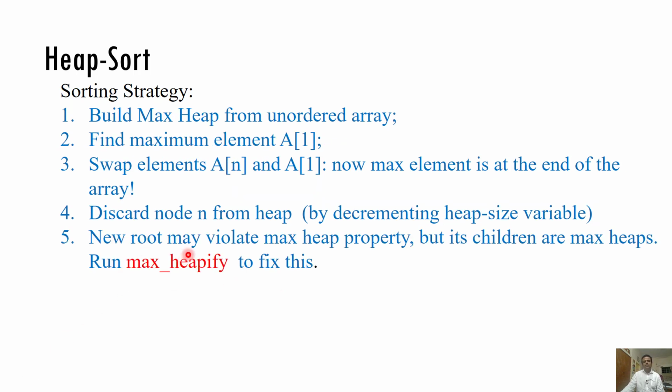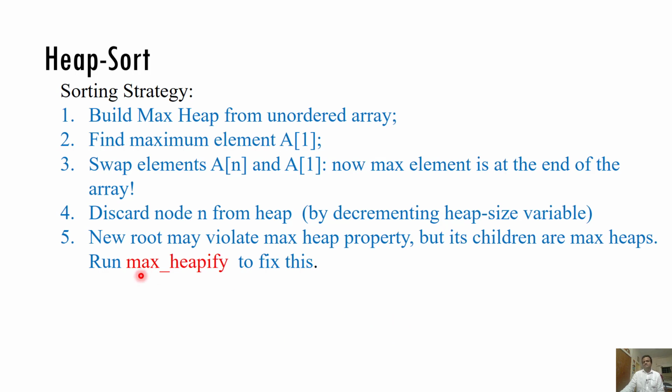When we exchange A1 and AN, the new root may violate the max heap property. So, we have to call maxheapify at the new root to fix it. Again I am repeating, we follow the assumption that the tree rooted at the left child is okay, and the tree rooted at the right child is okay.